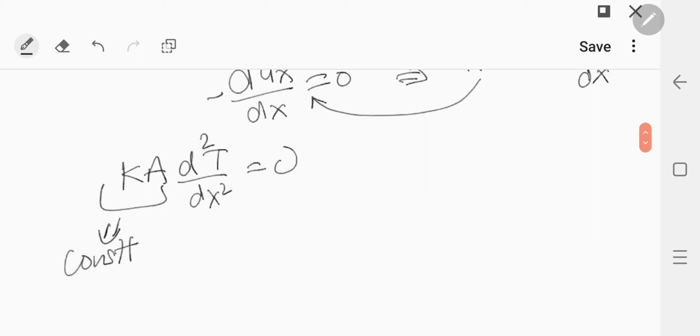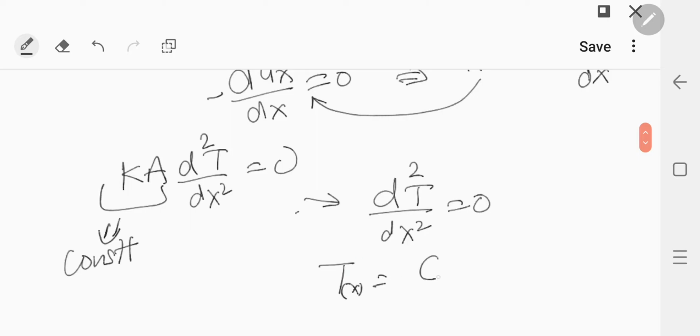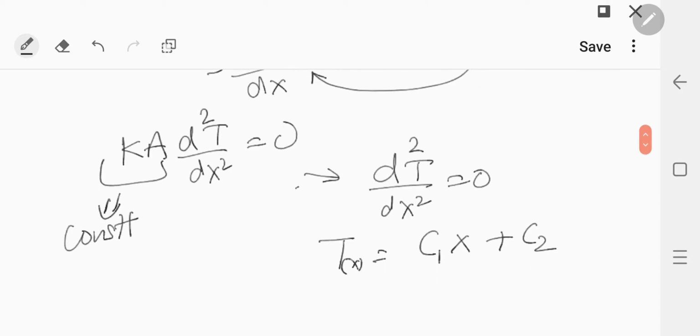Basically, the thermal conductivity does depend upon temperature, but in our case, let's assume it to be a constant, and obviously the area is also constant. So we have d squared T by dx squared is equal to 0, a linear temperature profile. So temperature T(x) is C1 x plus C2 upon integration.